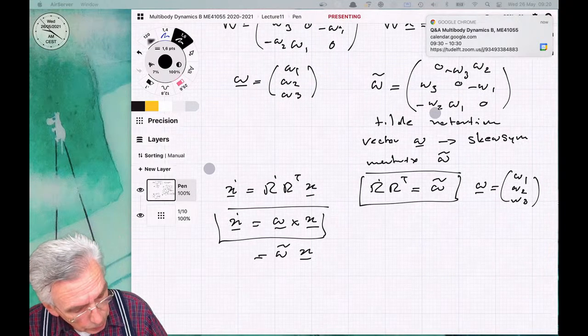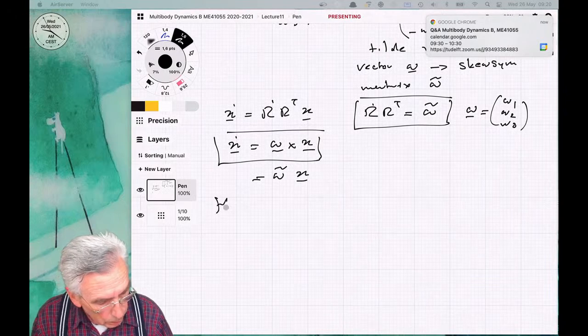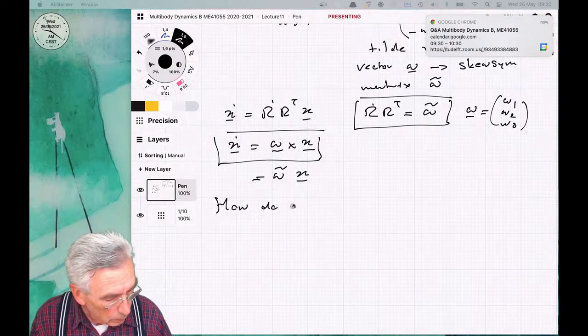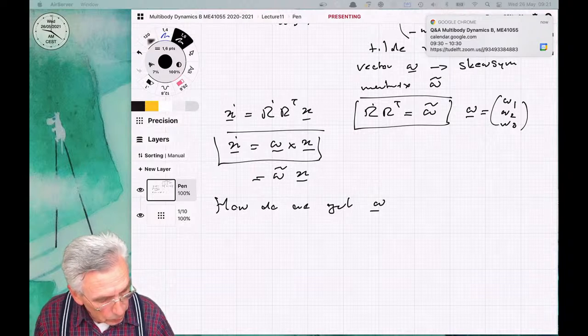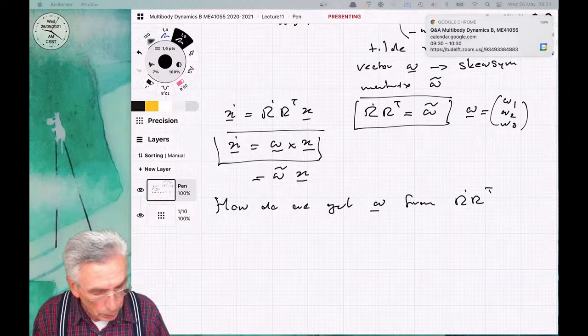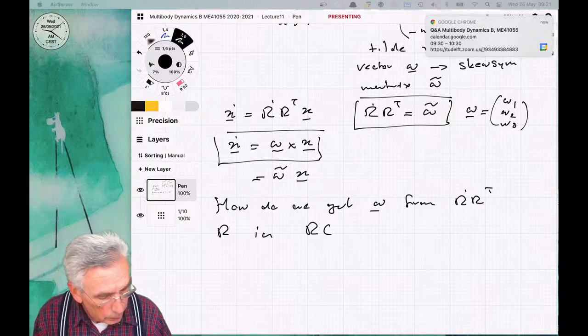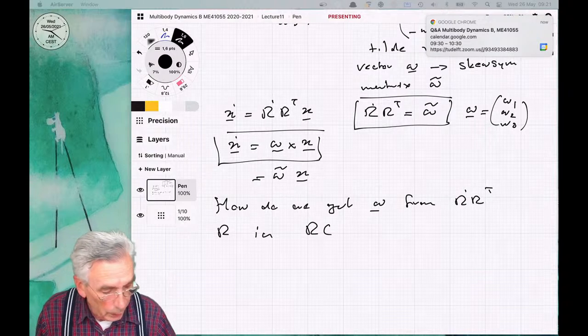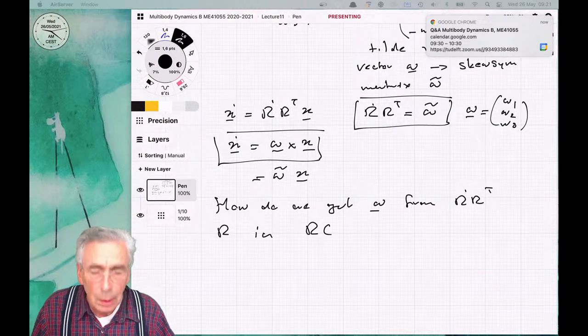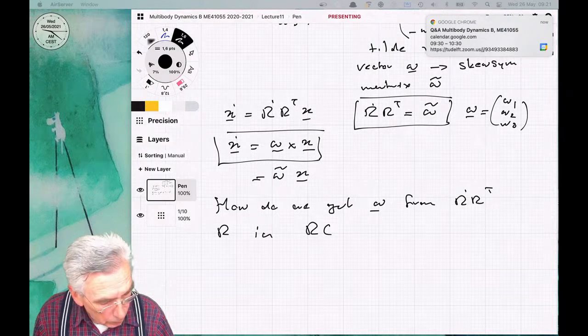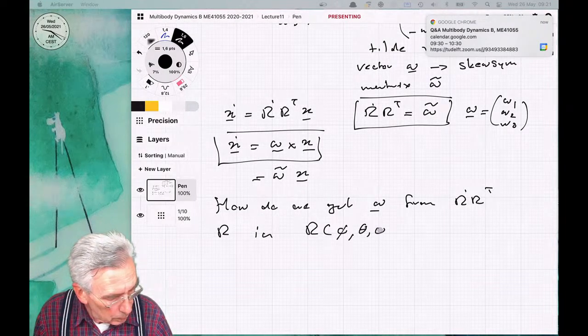But the big question remains, of course, how do we get this omega, the vector, from this R dot R transpose? Because R is a function of the 3 Euler angles, phi, theta, psi, right?